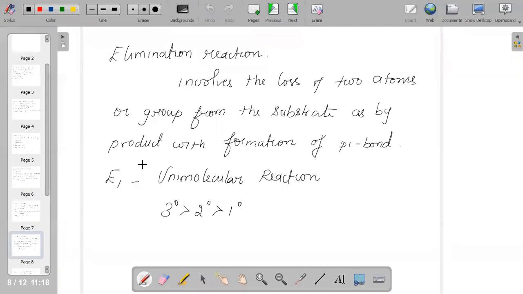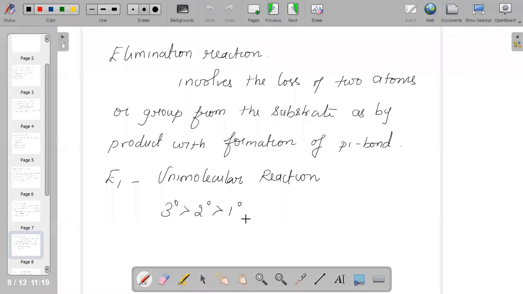When we say E1 reaction, it is a unimolecular reaction, and the rate determining step consists of the formation of a carbocation intermediate. The stability of the carbocation intermediate determines the reactivity of the E1 reaction. The order of reactivity for E1 is tertiary, secondary, and then primary.